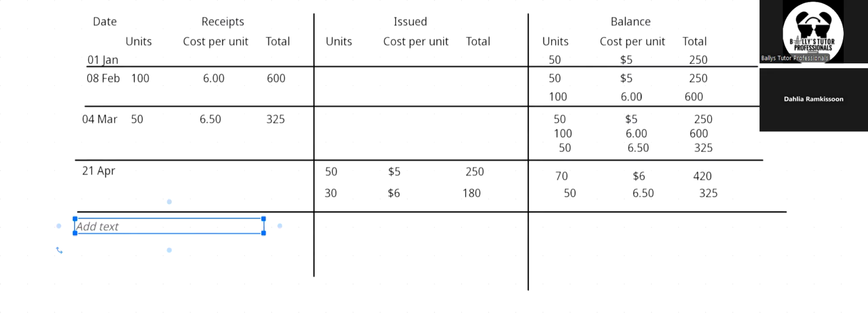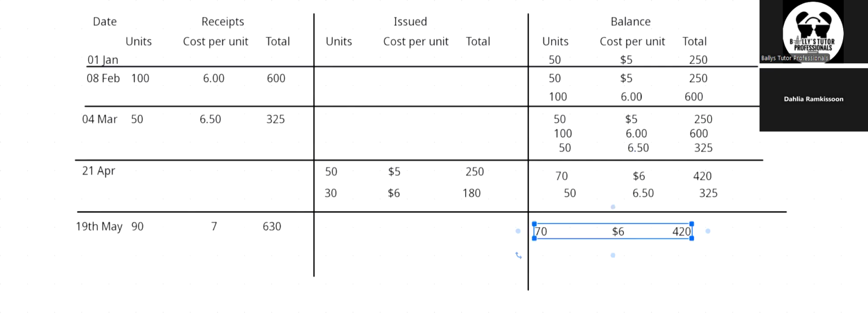So now my balance would be the 70 from before, then the 50, and now the 90 at 7.